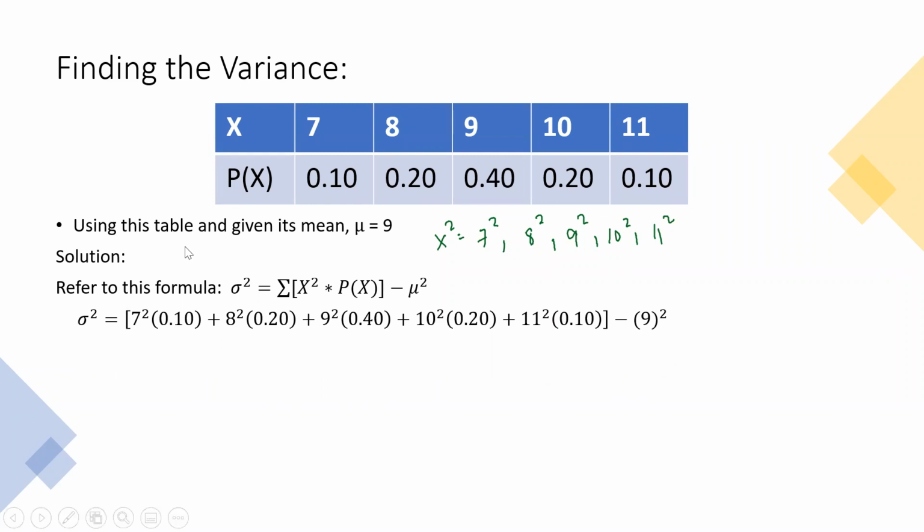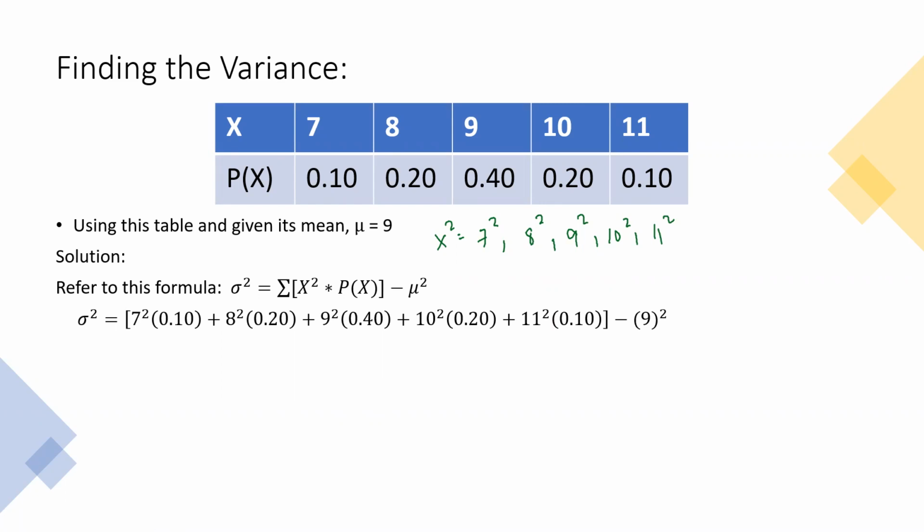In terms of multiplying, 7 squared is for 0.10, while 8 squared is for 0.20, while 9 squared is for 0.40, while 10 squared is for 0.20, while 11 squared is for 0.10. Before we multiply, we're going to simplify the exponent.